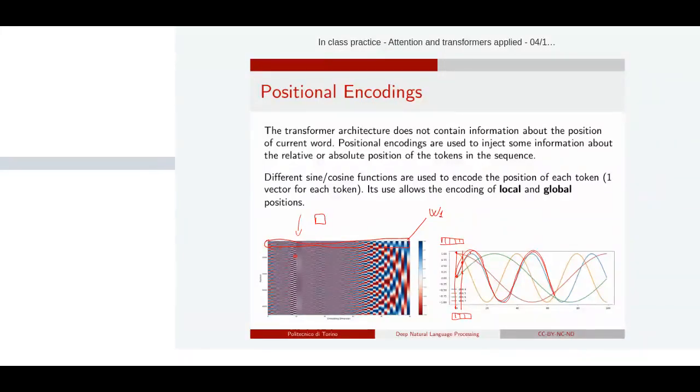Of course, I'm taking a lot of them, but it's actually a single value here. So we slice this matrix using horizontal splits to have the positional encoding of the words W1, W2, and W3.